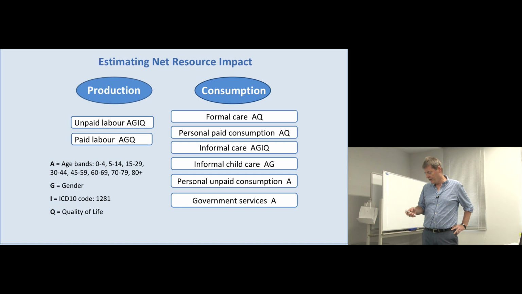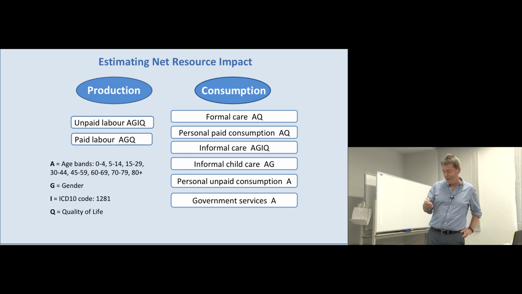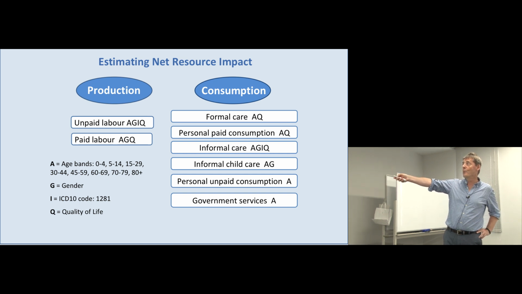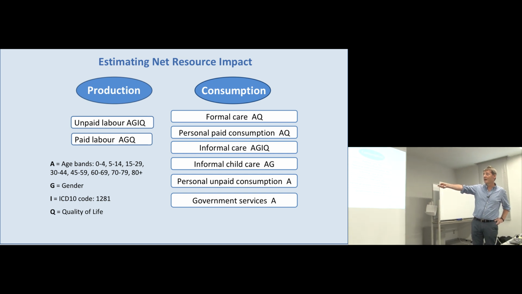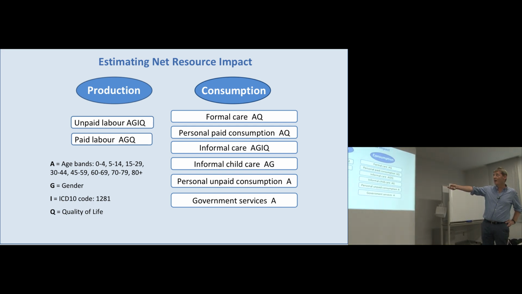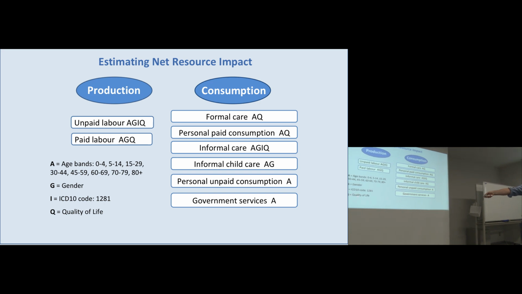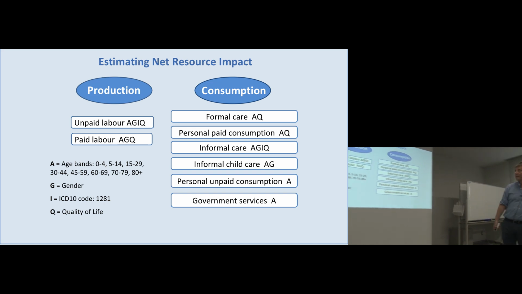For example, and I won't go through it blow by blow, they argued the amount of formal care consumed by the patient was particularly driven by their age and their health state or quality of life.